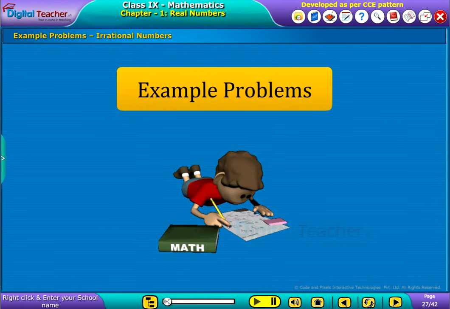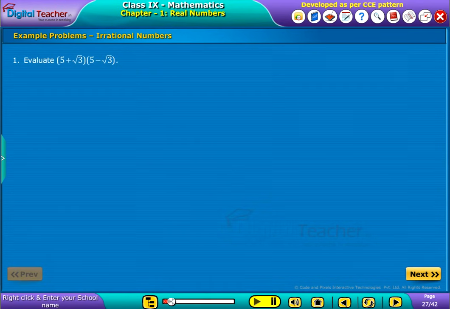Let us solve some example problems using the properties of irrational numbers. Evaluate 5 plus root 3 into 5 minus root 3. Solution: As it is of the form a plus root b into a minus root b, it can be written as a square minus b.